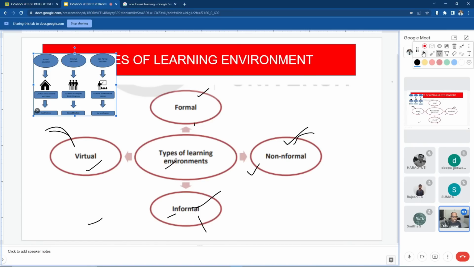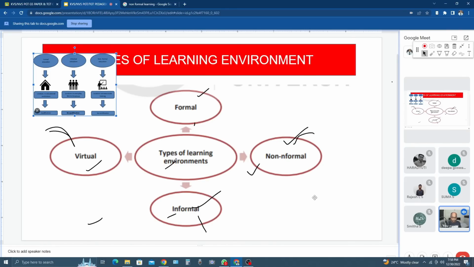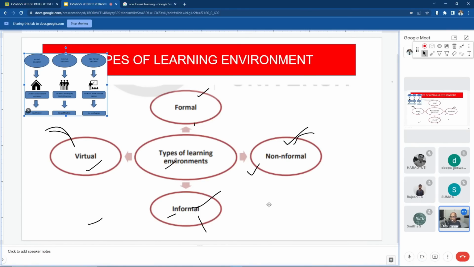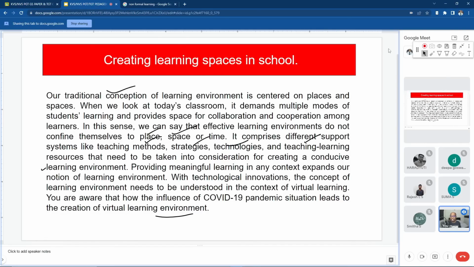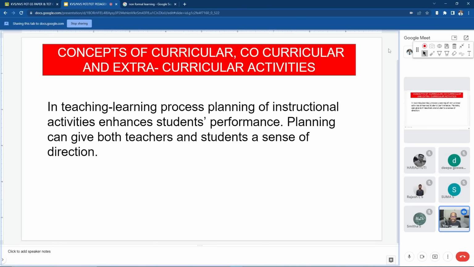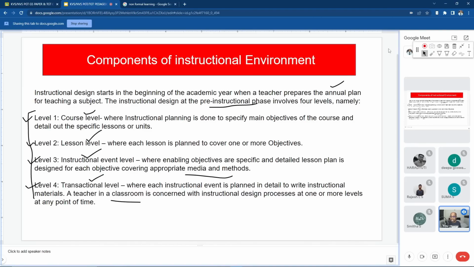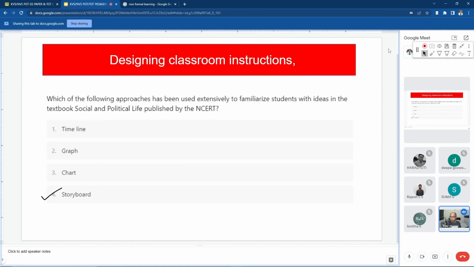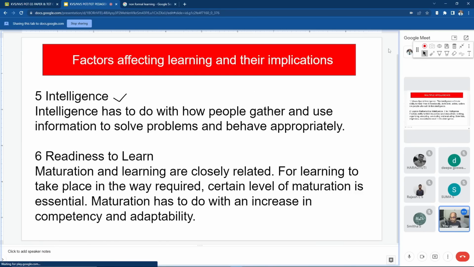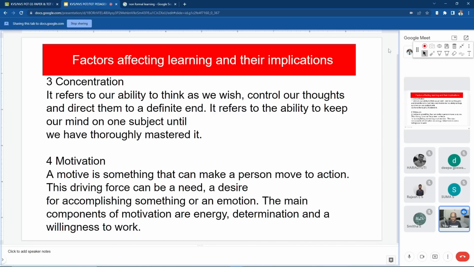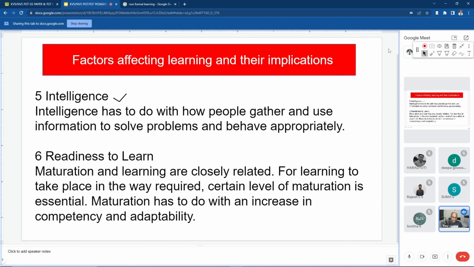So now let me quickly summarize what we did in this classroom. We started today a new topic after formal introduction for understanding the teaching learning. We took a subtopic under it, and that one is factors affecting learning and their implications. Under these, there are three subtopics.